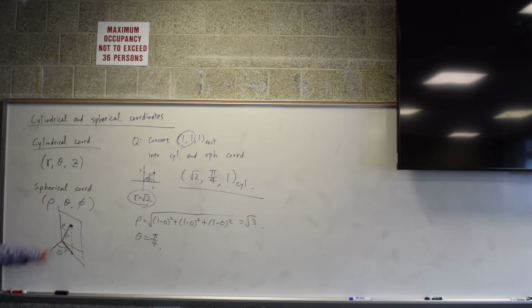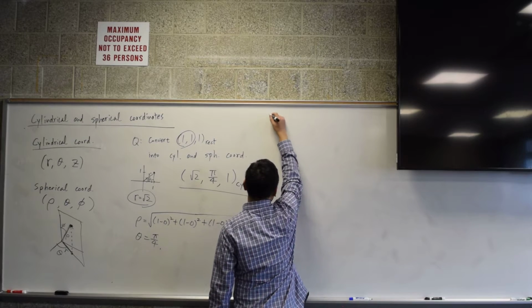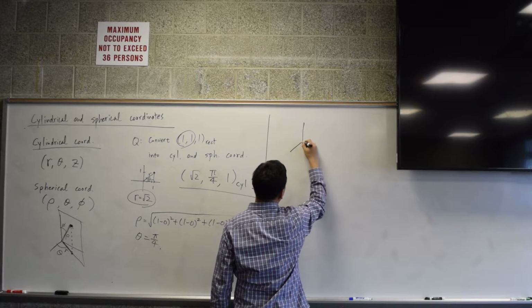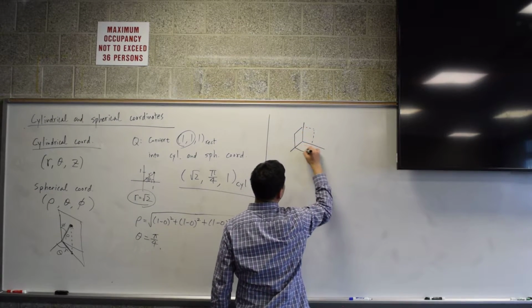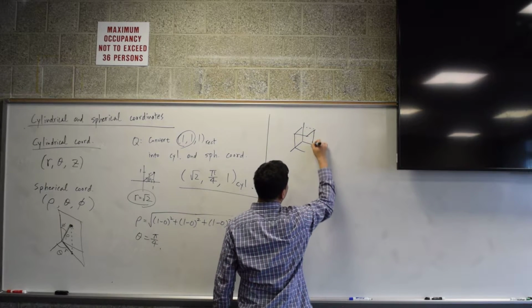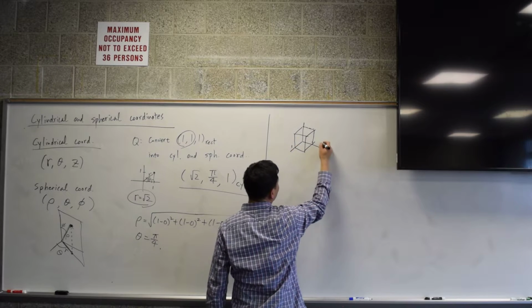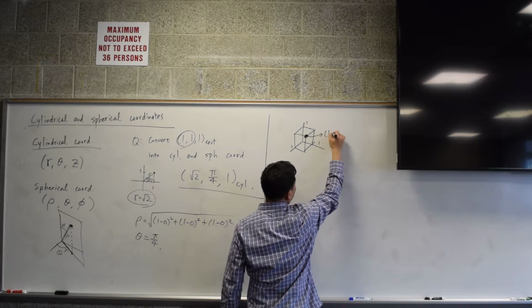Now that actually turns out to be harder than you would imagine, because think about the picture again. So let's draw the picture. We're talking about distance 1, 1, 1, and this point here is really 1, 1, 1.